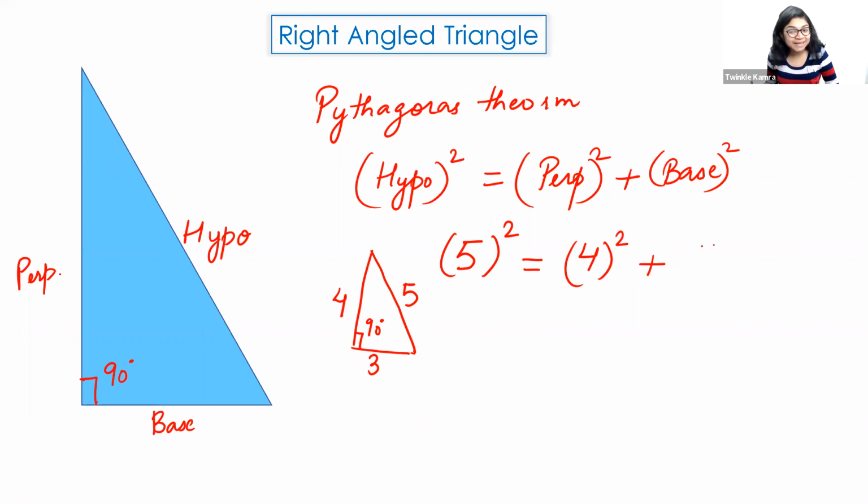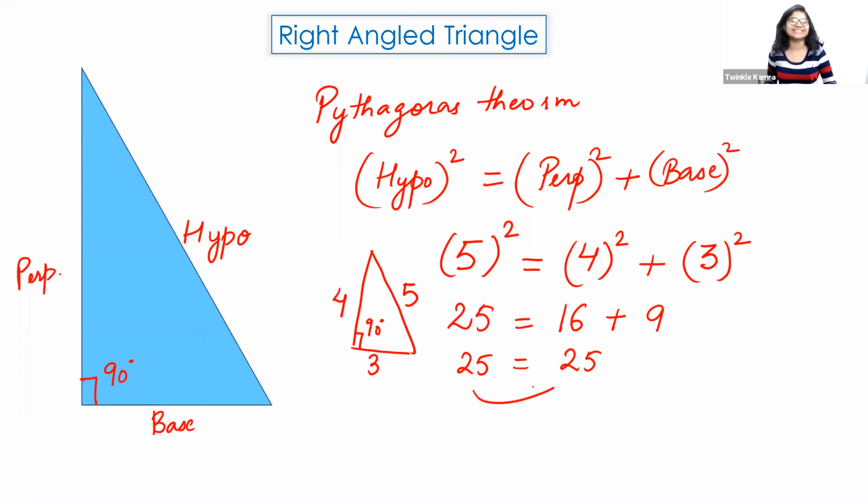What is base? Base is 3. So let's write 3 square. 5 square is 25. 4 square is 16. 3 square is 9. 16 plus 9 is 25, and here also 25. Oh, great, they're equal. So every right angle triangle, its sides satisfy this property.